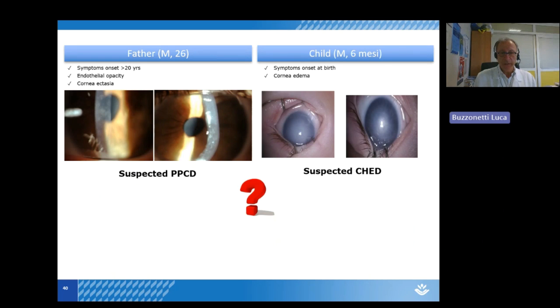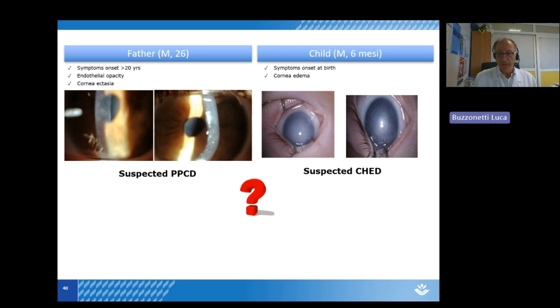Comparing father and child, we have a father with symptoms onset at 20 years of age, endothelial opacity, corneal ectasia. A child with symptoms onset at birth, corneal edema. In the first case, suspected PPCD. In the other case, suspected CHED.